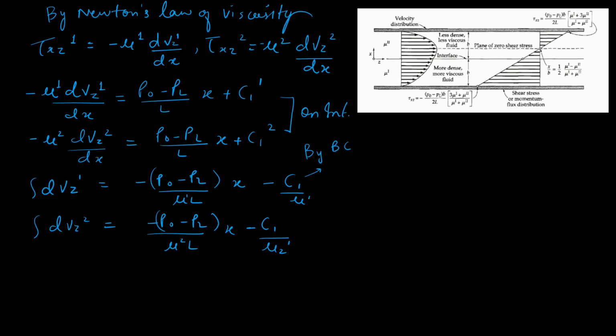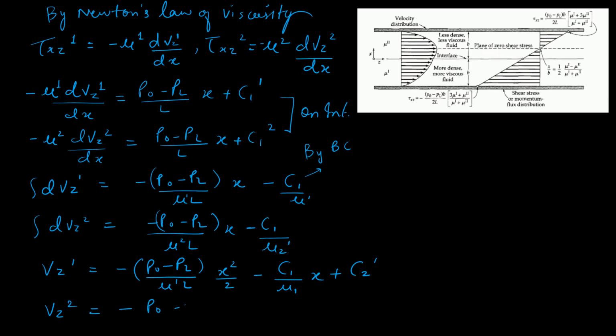Now Vz1 equals minus (P naught minus PL) upon mu1 L into x square upon 2 minus C1 upon mu1 x plus C2, and Vz2 equals minus (P naught minus PL) upon mu2 L x square upon 2 minus C1 upon mu2 x plus C2.